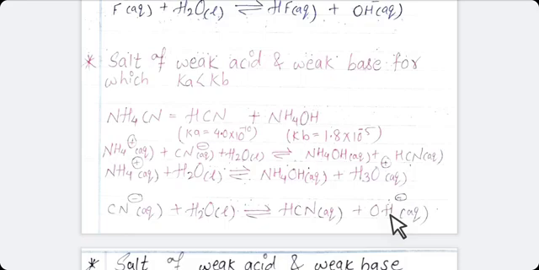So in this salt we get more OH minus ion, that's why it is basic in nature and turns red litmus paper blue. So it is the second type of salt, which is made by a weak acid and weak base and has the Ka value lower than Kb.